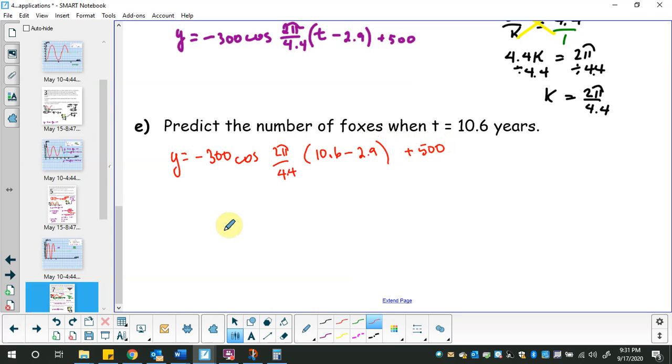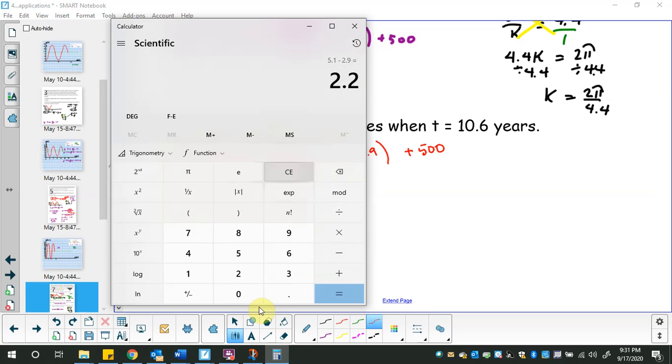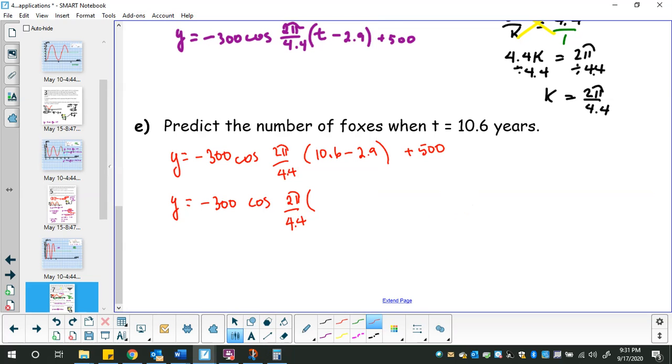Now I'm going to show all my work. So one of the things I have to figure out is 10.6 minus 2.9, which is equal to 7.7.